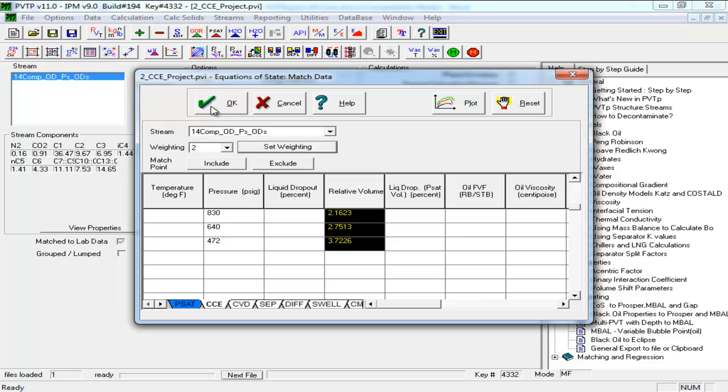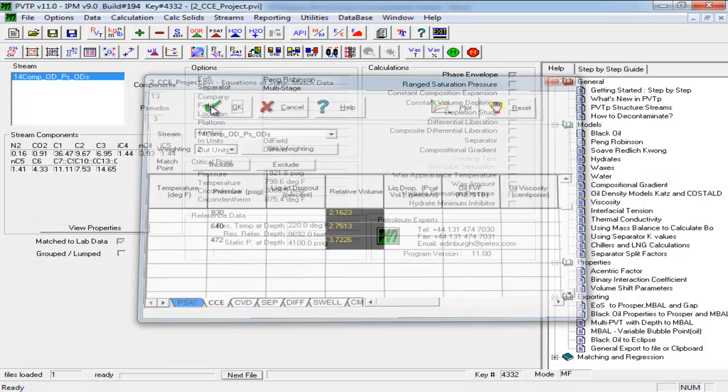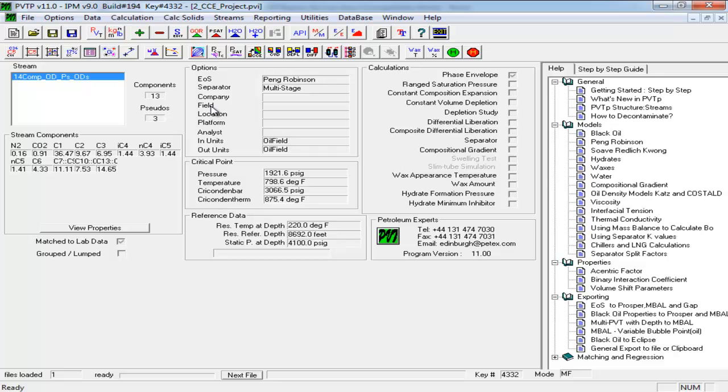Okay, so now we have entered the CCE. So what can we do now? We can simulate this experiment by this button. Here I enter the lab data. From here to here I use the equation of state to show the phase behavior, to calculate the saturation pressure, the PC and TC, and CCE, and so on, CVT.